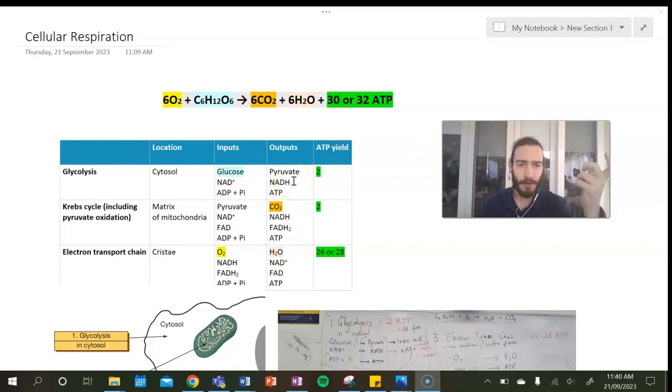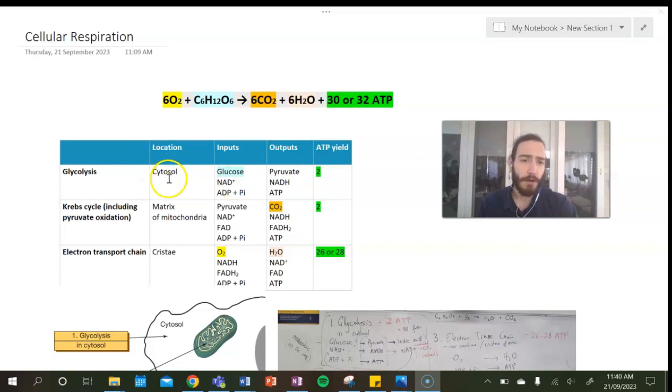So we convert our pyruvate to lactic acid, and we unload that NADH, so that we can have a NAD plus again and create that process again. But obviously that's going to build up lactic acid, which is then going to be poisonous, and that's not what we want. So it's good in a pinch when we need energy, but not going to be good in the long term. But the purpose of this video is to talk about cellular respiration as a whole.